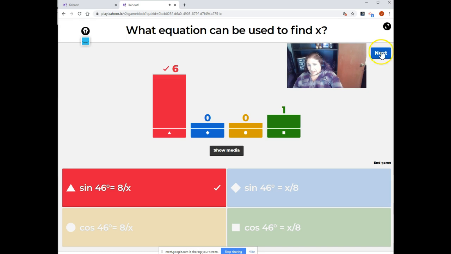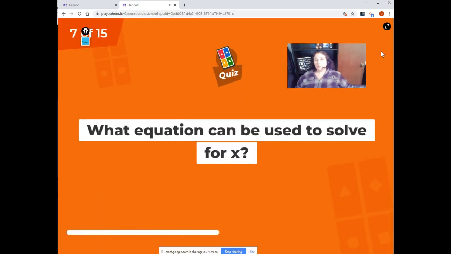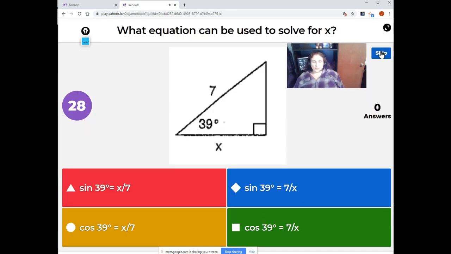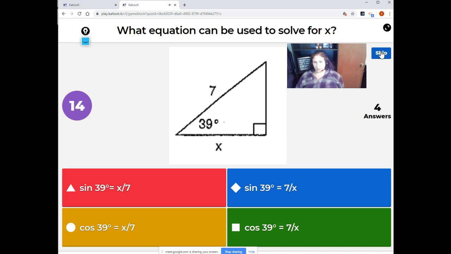Most of us got it. Opposite, hypotenuse. Fuzzy rabbit, you're killing the camels. Not literally. Which can be used to solve for X. Find the hypotenuse, find the angle, find the adjacent, find the opposite. We have adjacent, we have a hypotenuse. What trig identity should we use in what order?